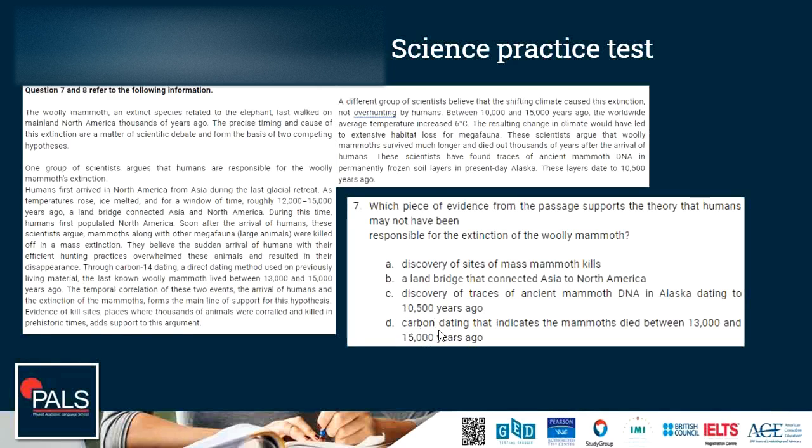And same as answer D, carbon dating that indicates the mammoth died between 13,000 and 15,000 years ago. That would be an argument for that first hypothesis as well. So A, B, and D support that humans were responsible for the extinction. We are looking for an argument that refutes this hypothesis, and the only thing that matches is C in this case.